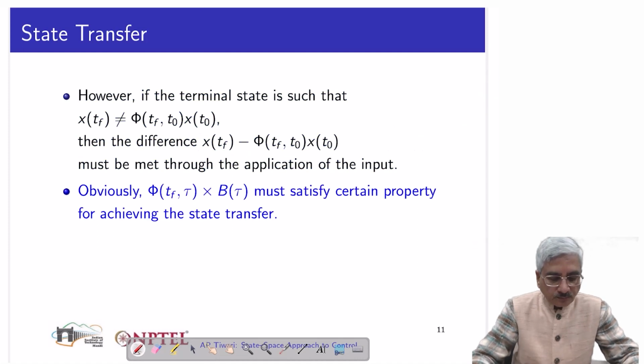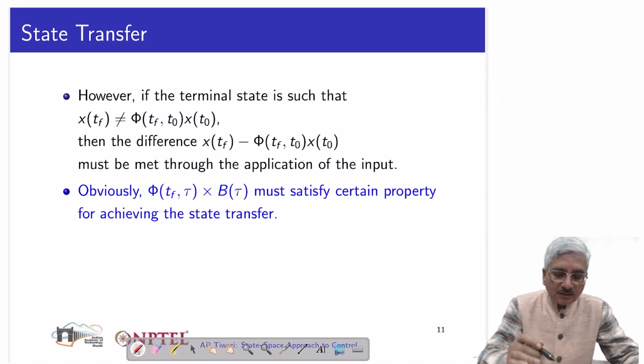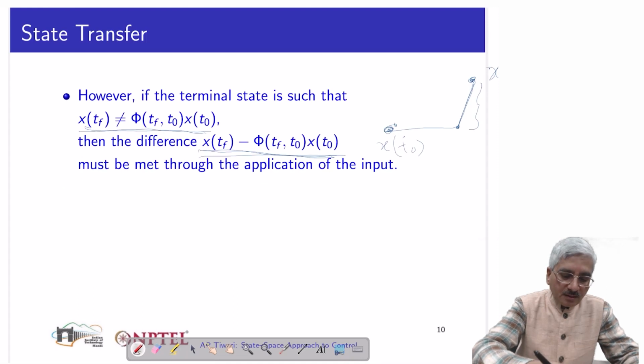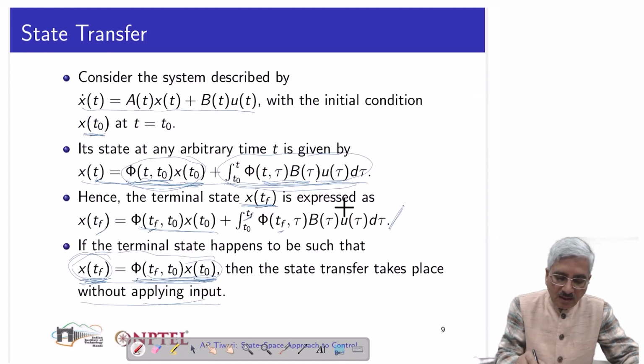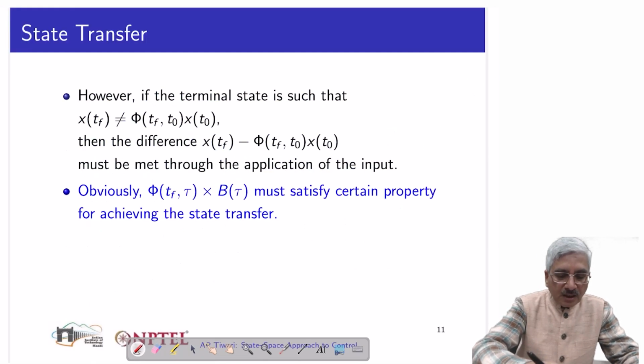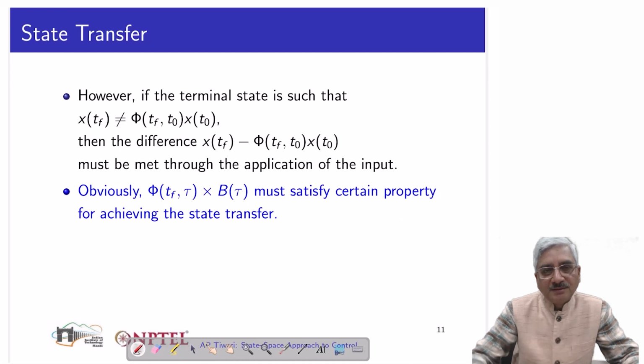So as we saw, that integral contains the product phi into B, and the input contributes to the component of x(tf) through the product phi(t, tau) into B(tau).